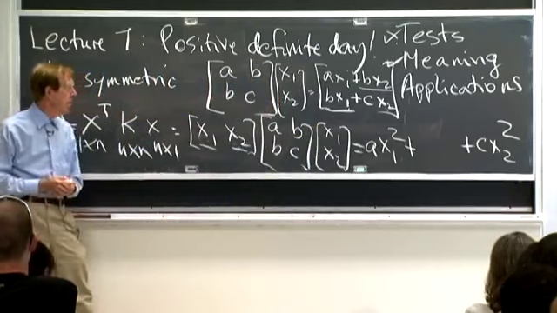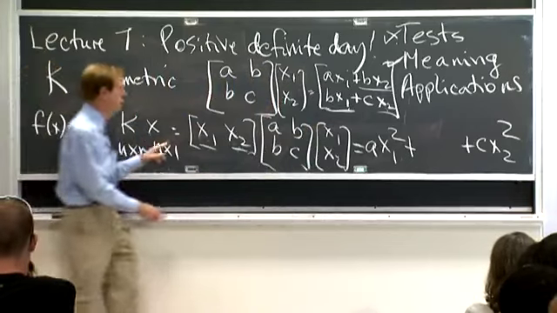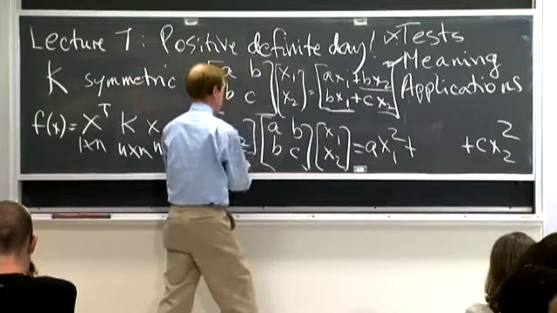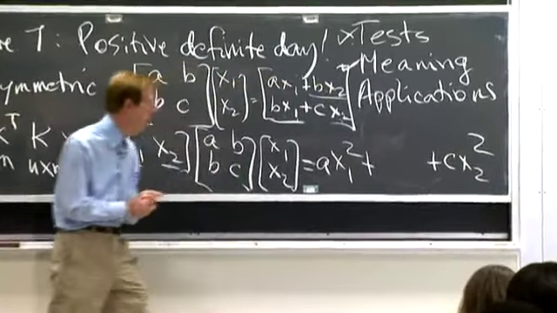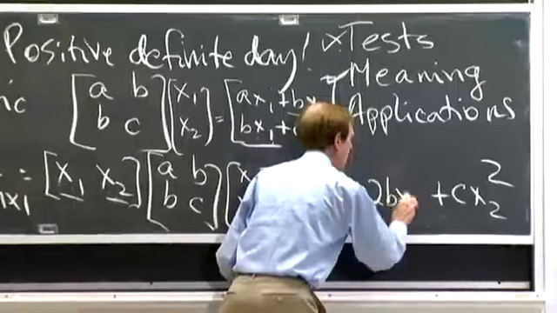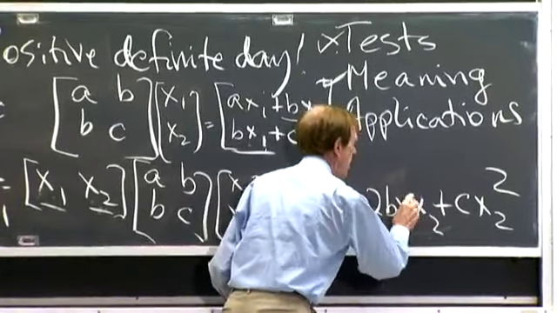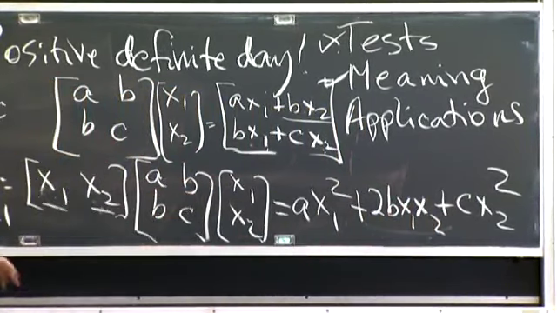And what's that one? It's also b x1, x2. So x1 multiplied that, x2 multiplied that. And so what do we have for this cross term here? Two of them. 2b x1, x2. In other words, that b and that b came together in the 2b x1, x2.